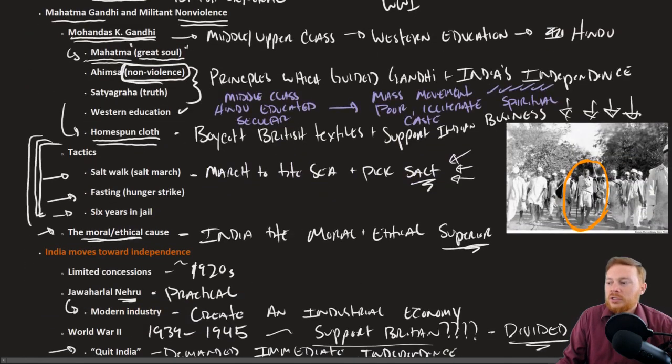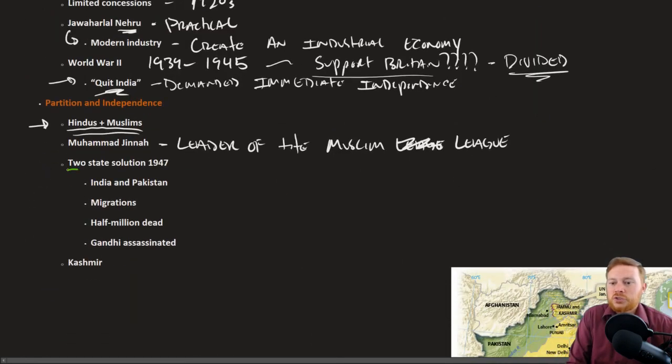And so what Jinnah proposed was a two-state solution. Eventually, that's what the British went with, and they created two countries, India and Pakistan.